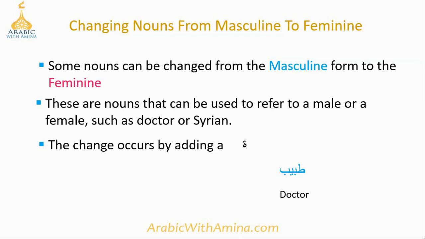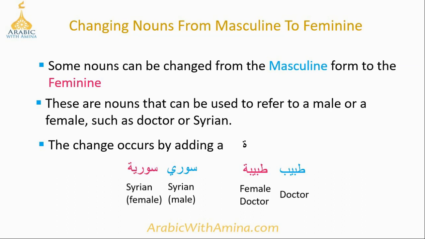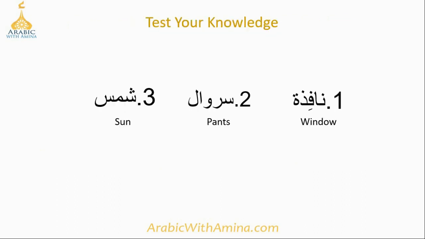By adding a ta marbuta to the end, it becomes tabiba, meaning female doctor. Also, Suri, meaning Syrian. We can add a ta marbuta to the end, making it Suriya, which is Syrian, but referring to a female.